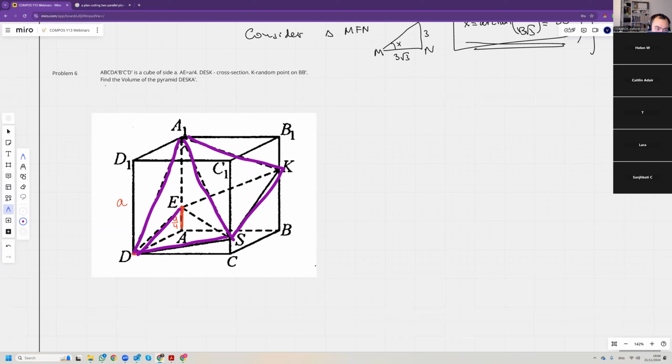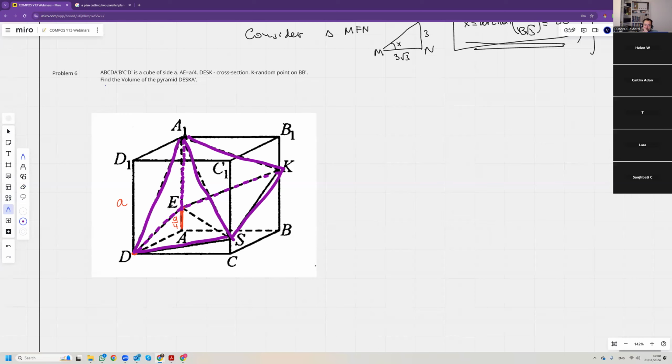So that is a pyramid. And we're supposed to find the volume. It's not a square, it's a quadrilateral pyramid or something.